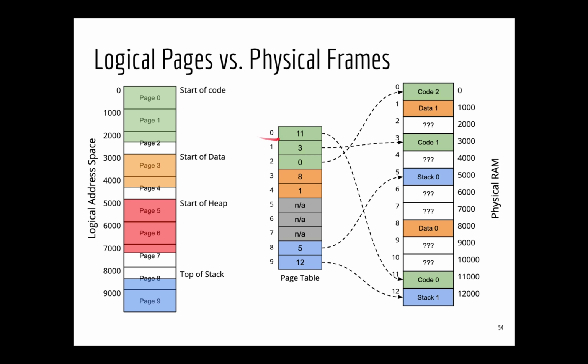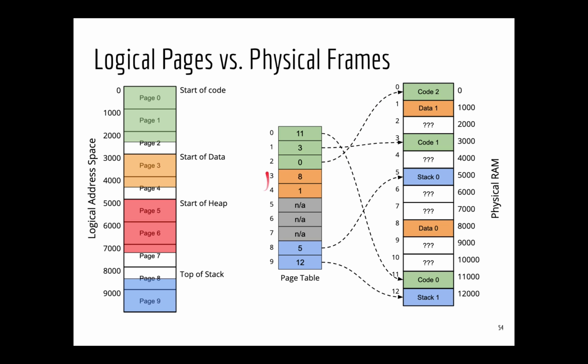So here, page 0 of our code can be found in frame number 11. So code 0 corresponds to the first page of code. And the second entry here, this is for page 1, which is our code. The second page of our code can be found in frame number 3. And then the third page of our code can be found in frame 0.